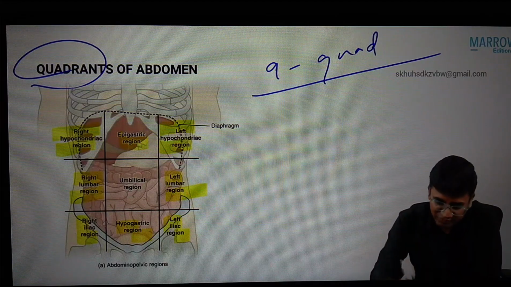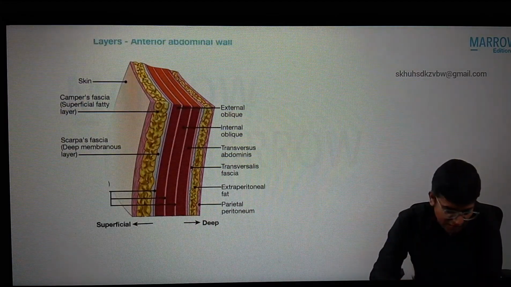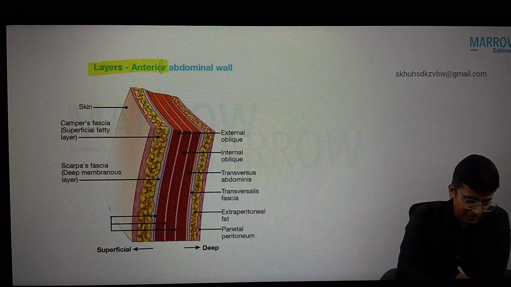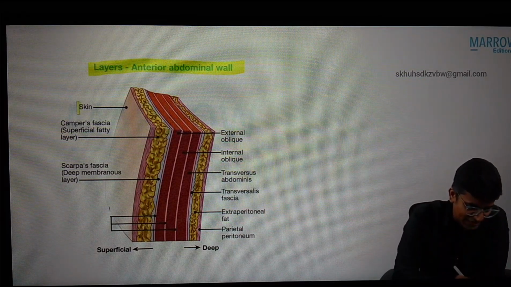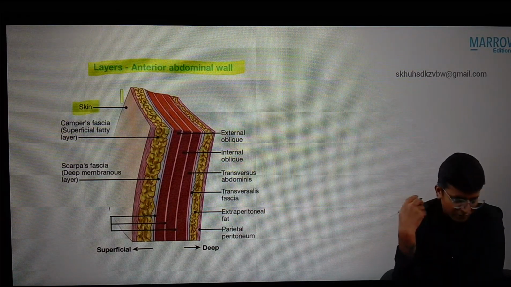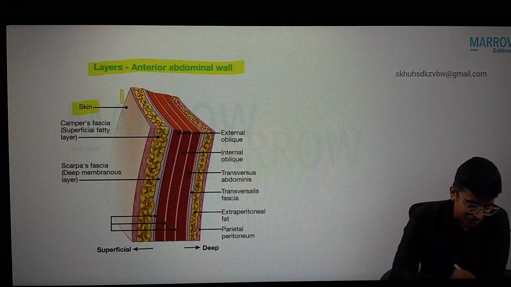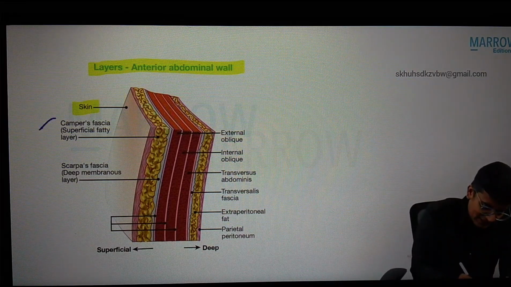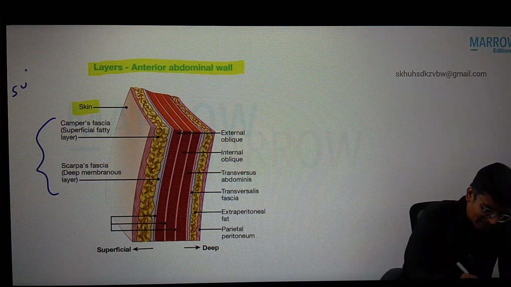Now, after finishing the planes and quadrants, we're going to see the layers of the anterior abdominal wall. The first layer, the outermost layer, is skin. If you remove the skin, we have superficial fascia. Superficial fascia has 2 layers. This entire thing is the superficial fascia only.